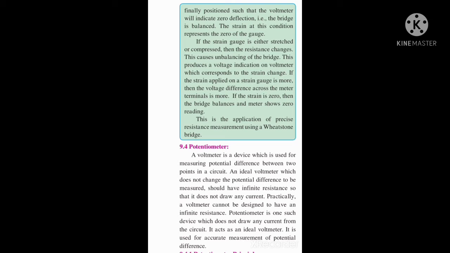If the strain applied on the strain gauge is more, then the voltage difference across the meter terminals is more. If the strain is 0, then the bridge is balanced and the voltmeter shows 0 reading.